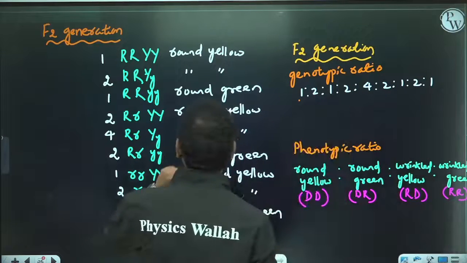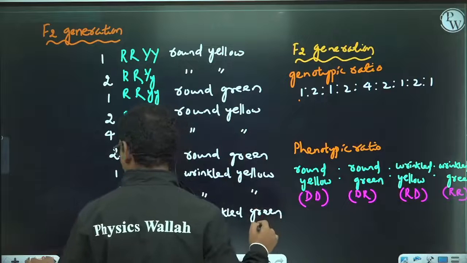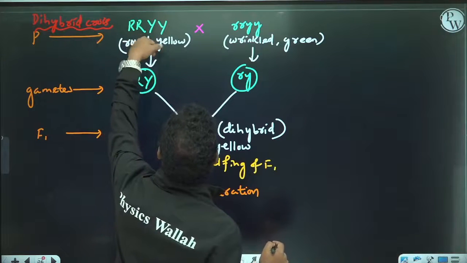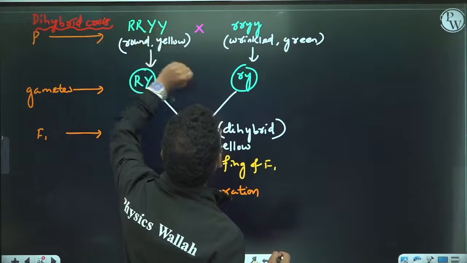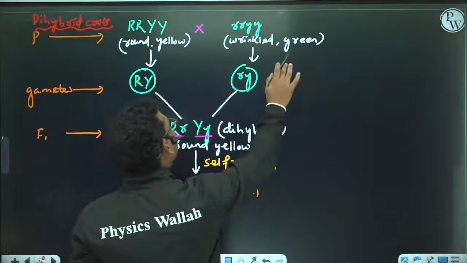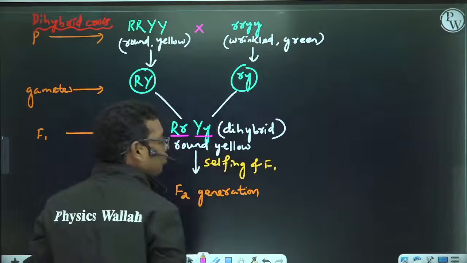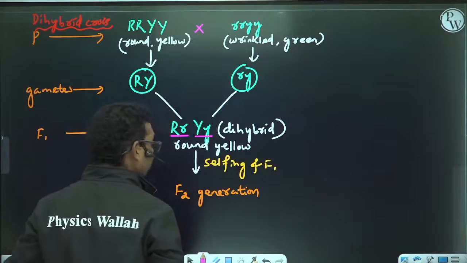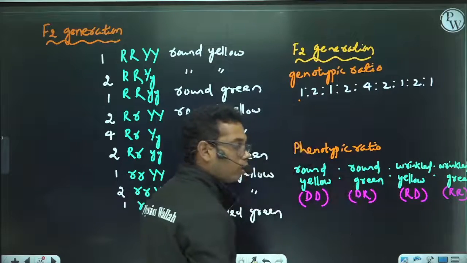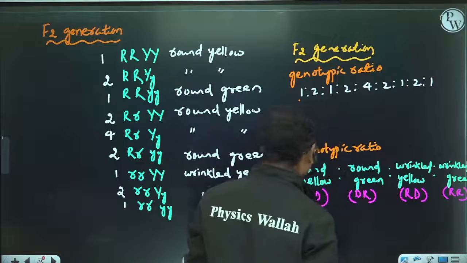So this pair, round yellow, you can see round yellow is the phenotype of what? Dominant parent. Wrinkled green is the phenotype of recessive parent. So wrinkled green and round yellow, they are the parental phenotype. So this one and this one are the parental phenotype, and these two are the recombinant.